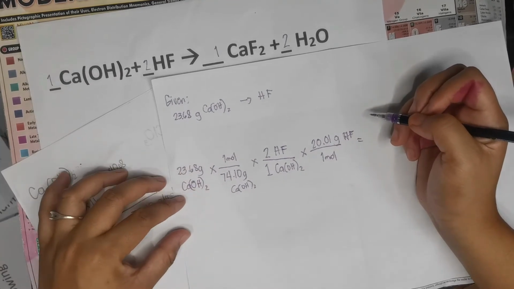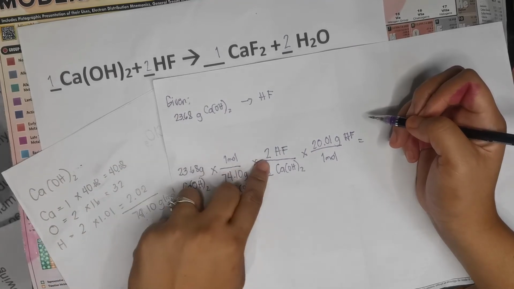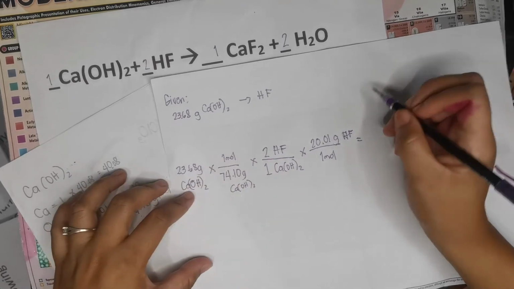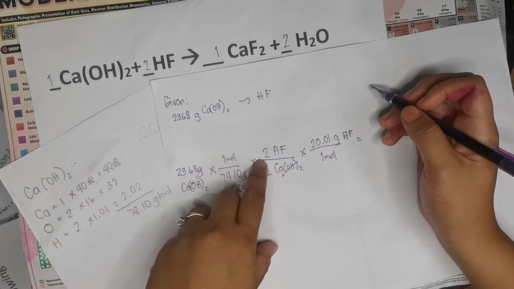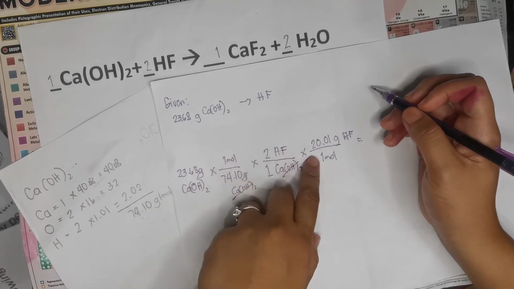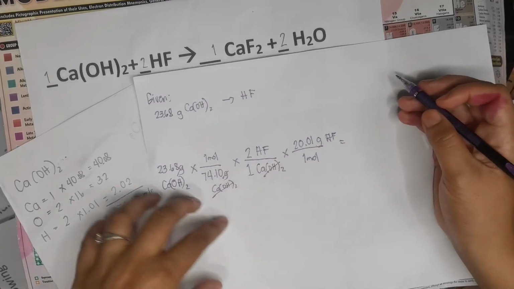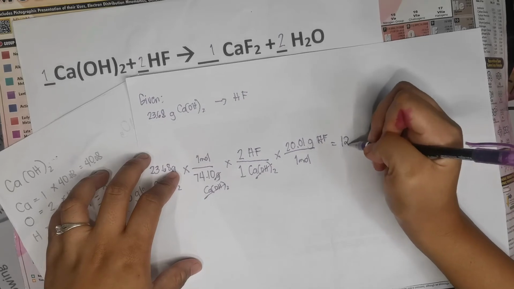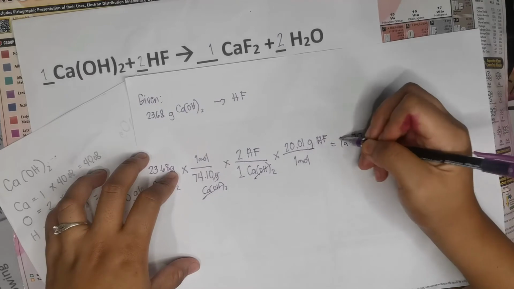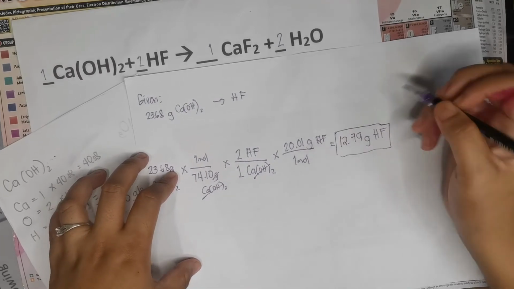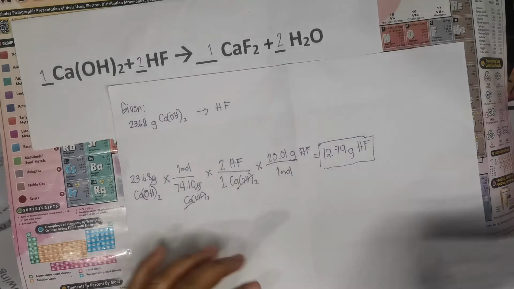So, pag i-compute natin sa calculator, 23.68 divided by 74.10, multiply by 2, cancel out si calcium hydroxide, then multiply by 20.01 grams of hydrofluoric acid, then we will have the answer of 12.79 grams of hydrofluoric acid. So from now, meron na tayong theoretical yield.